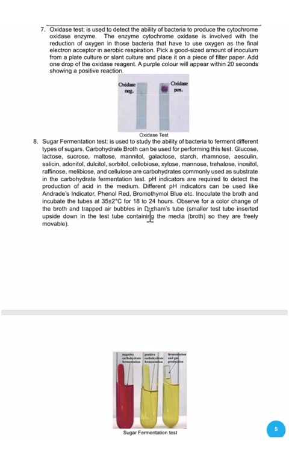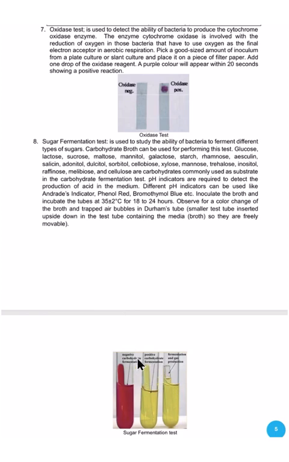So we inoculate the broth with the bacteria, and we incubate it at usually 35 to 37 degrees centigrade for 18 to 24 hours in the incubator. And then we observe the color of the broth.